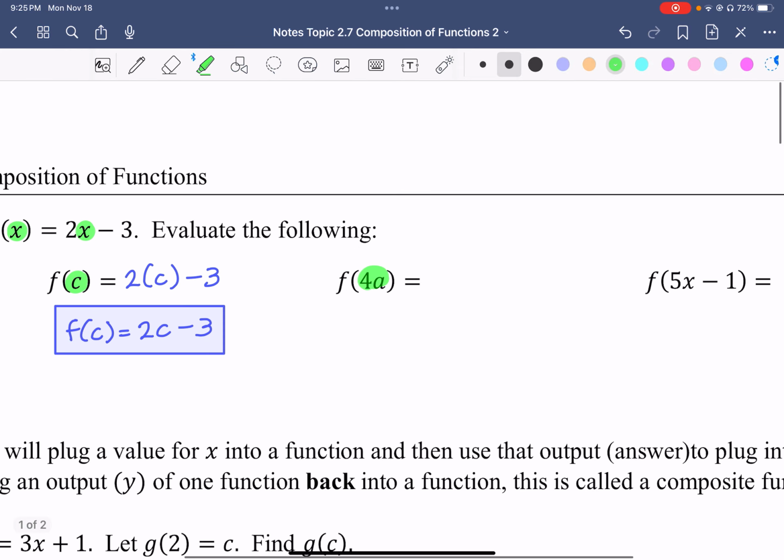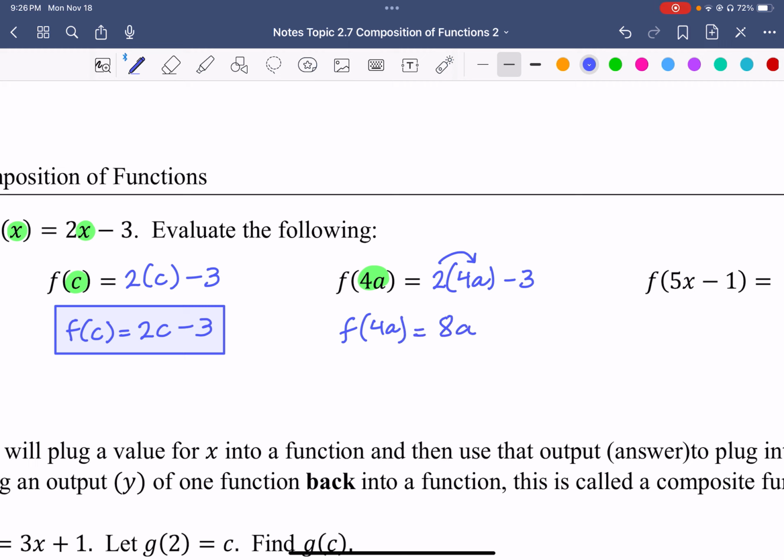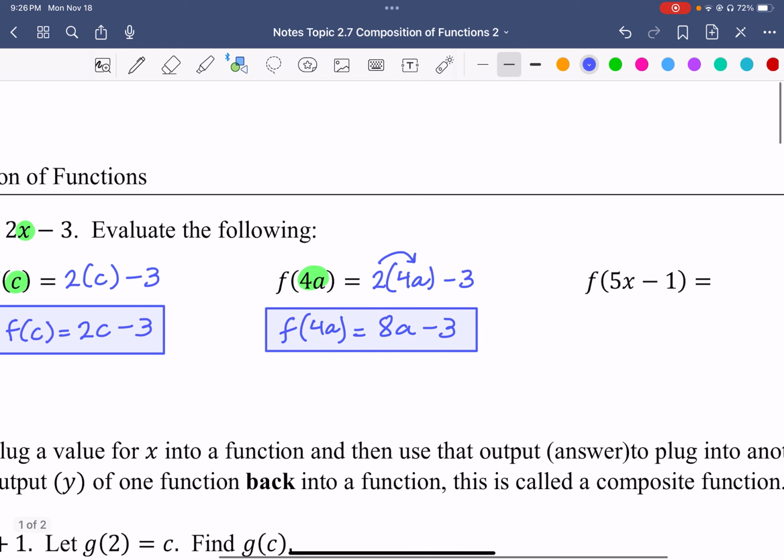So again, I'm plugging in 4a in place of x. So we have 2 times 4a minus 3, where I can distribute the 2 inside. So f of 4a, 2 times 4 is 8a minus 3. And again, those are not like terms, so that would be my final answer.